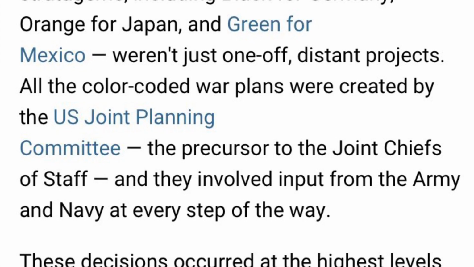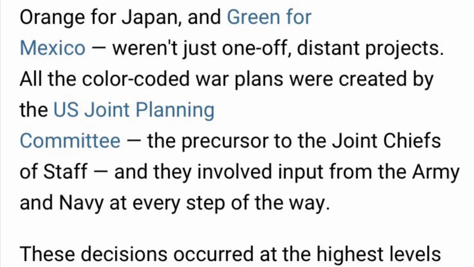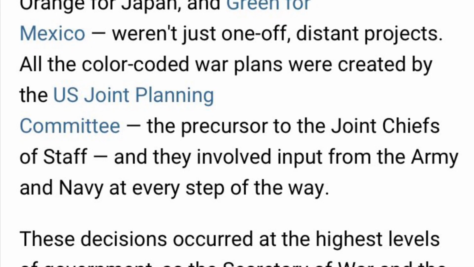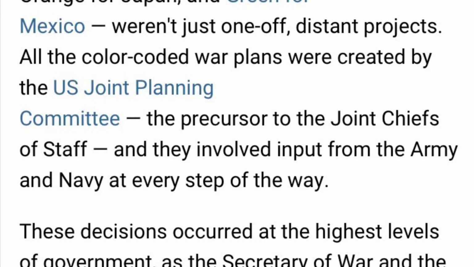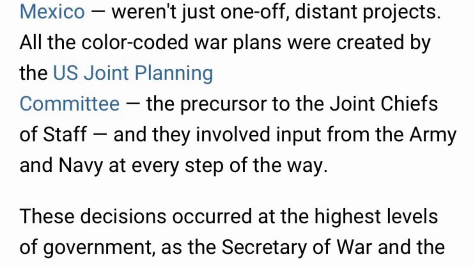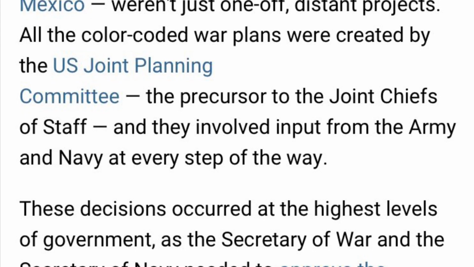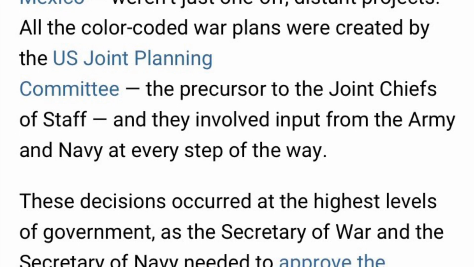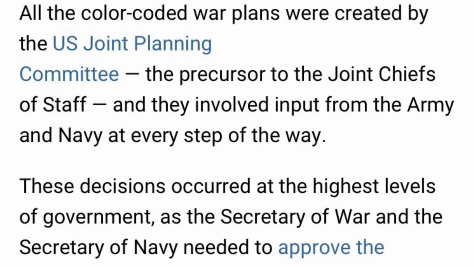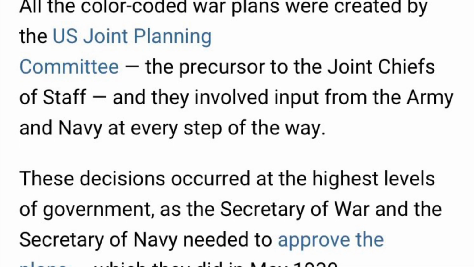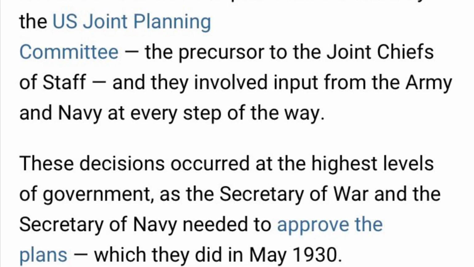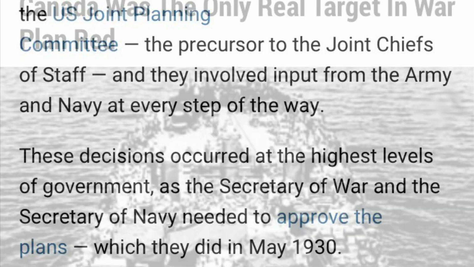All the color-coded war plans were created by the U.S. Joint Planning Committee, the precursor to the Joint Chiefs of Staff, and they involved input from the Army and Navy at every step of the way. These decisions occurred at the highest levels of government, as the Secretary of War and the Secretary of Navy needed to approve the plans, which they did in May 1930.